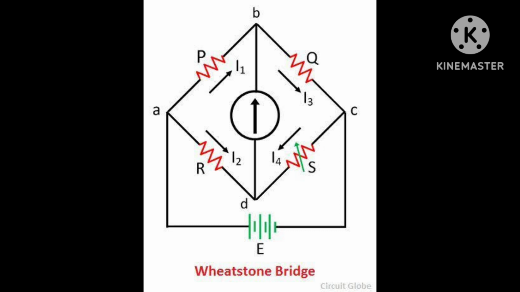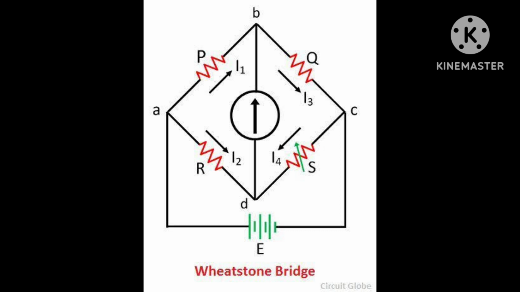Then what will happen? Suppose this is R1 and R2. R1 is the resistance, R2 is the unknown resistance, R3 is one wire and R4 is the other wire. Then R1 and R4 are in parallel, and what is remaining?